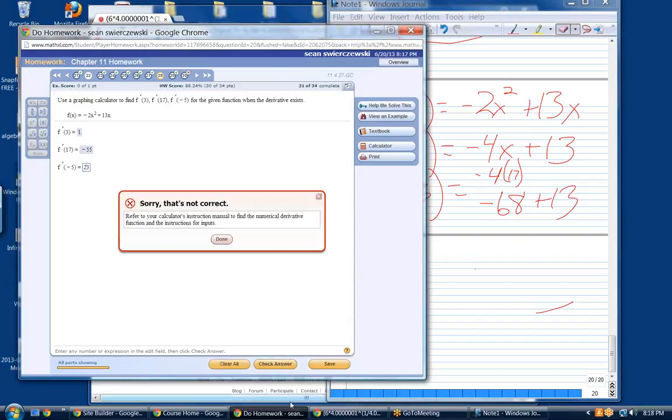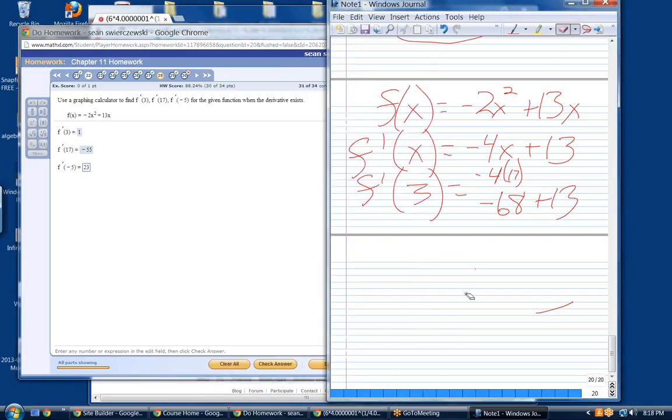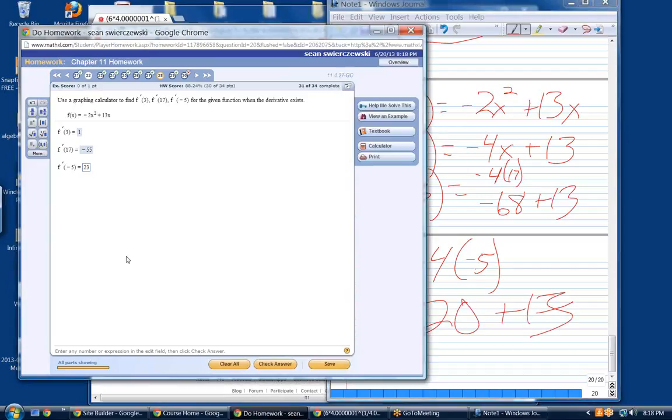What do we got? We got minus 4x, minus 4 times minus 5 is positive 20 plus 13 is 33. Okay. 30 is the last one?